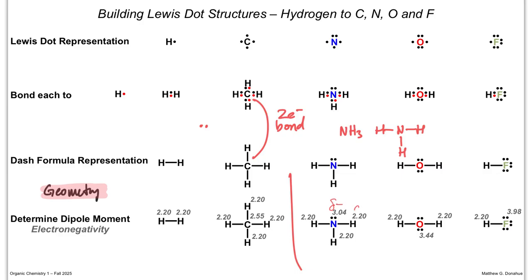The hydrogens are all delta plus. And so once we do that, we can then draw a bond dipole. And that's just an arrow showing how the bond is polarized. So you start with kind of a cross, and then the arrow points to the delta negative.